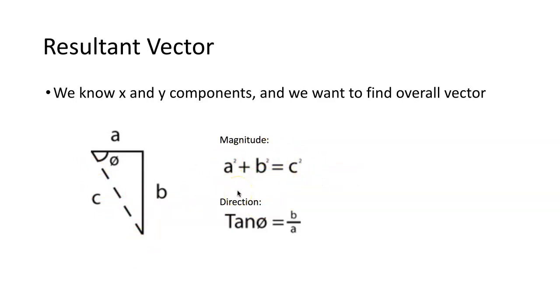In the same facet, if we want to determine the direction of the resultant vector, we can use the two component values in a trigonometry equation. We can say the tangent of theta, theta being the angle of the resultant vector, equals b over a, so the y component over the x component. Both of these equations together give us everything that we need to know about the resultant vector.